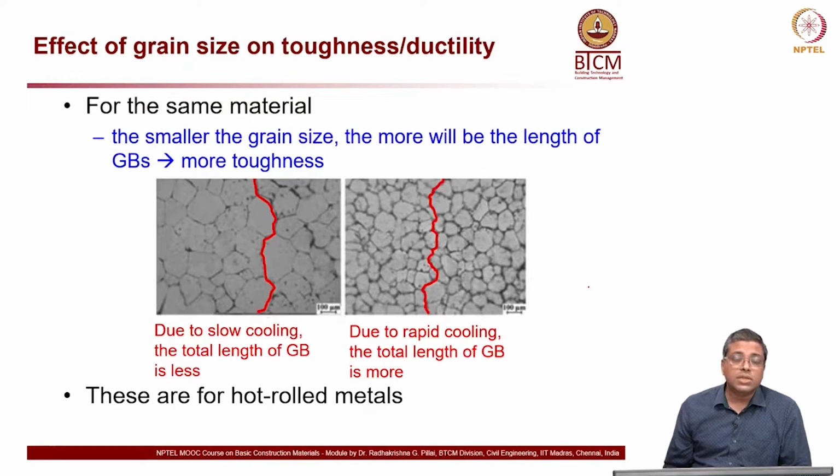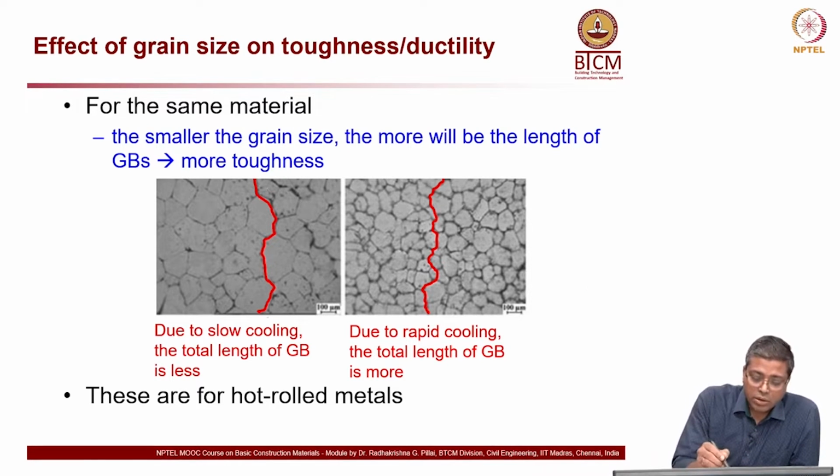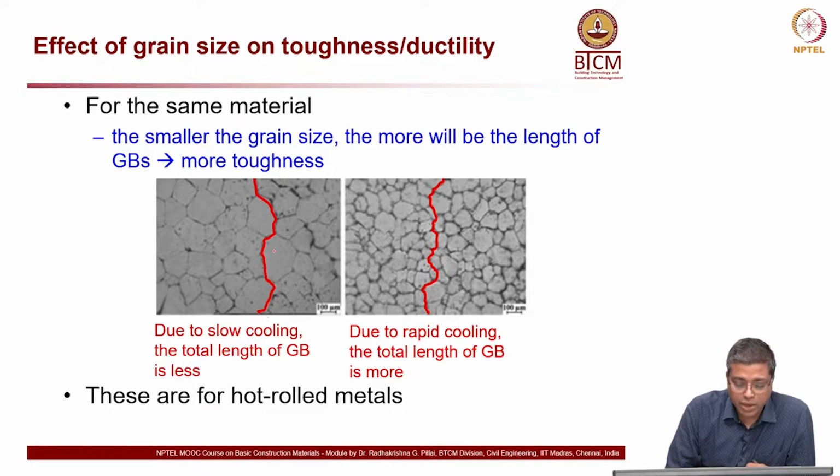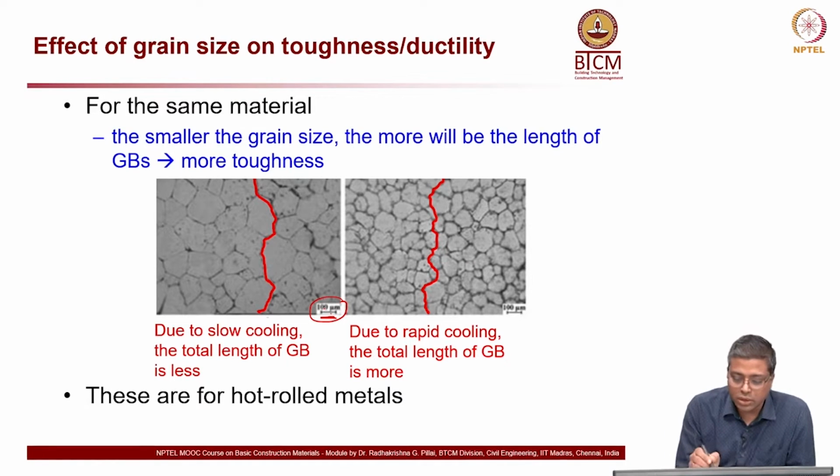Okay. So because of this, the size of the grain boundary has an influence on the toughness, we can say that. Now here, when you look at the left side micrograph, this is 100 micron. The length of this little straight line is about 100 microns. So you can say the size of this is 1, maybe 2, 3, 4, 5, 6, 7.